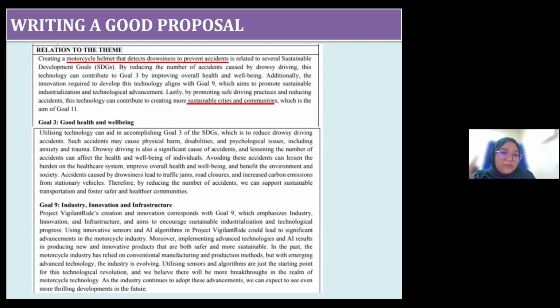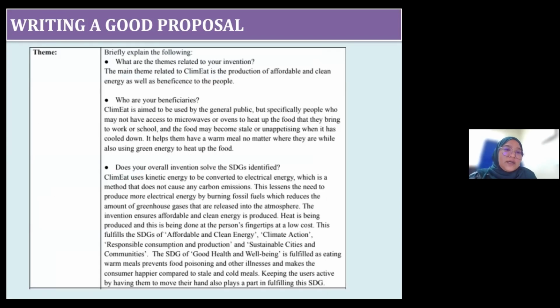They just spell out or elaborate the corresponding SDG they chose and then relate it to the invention they are producing.